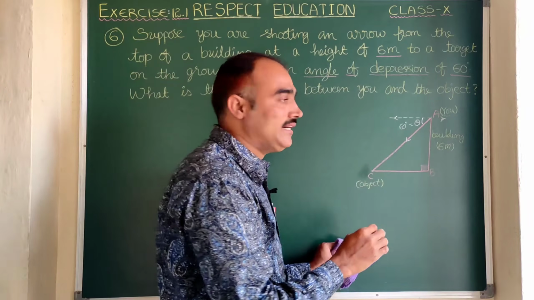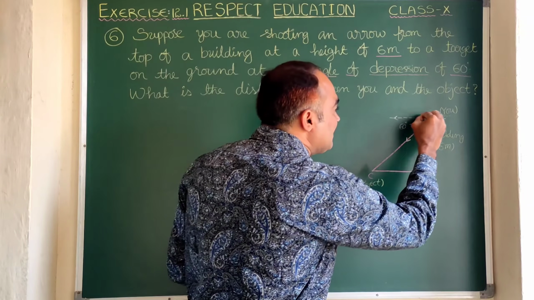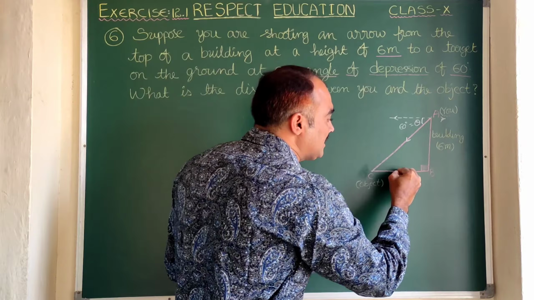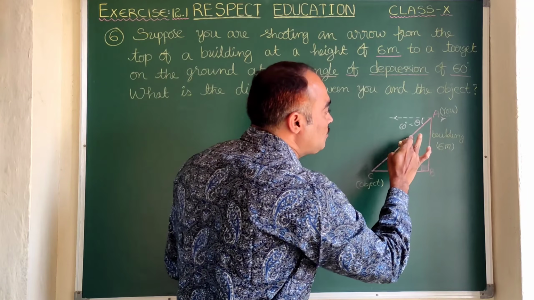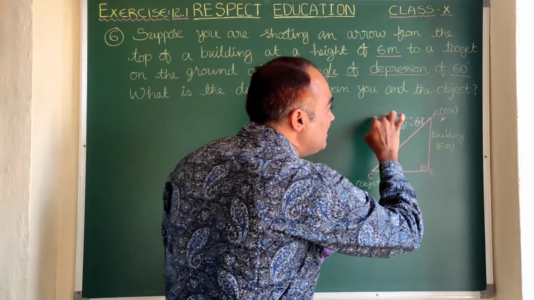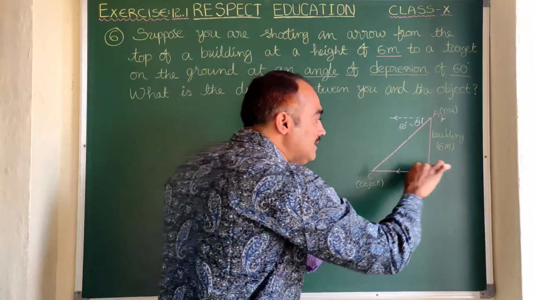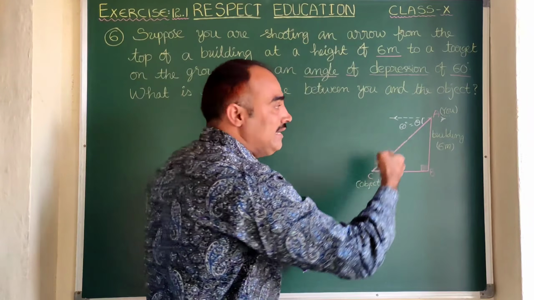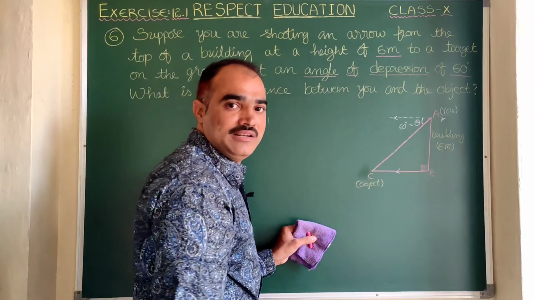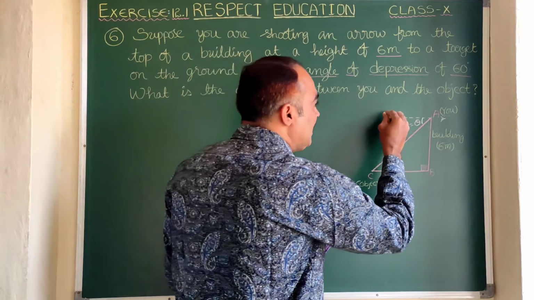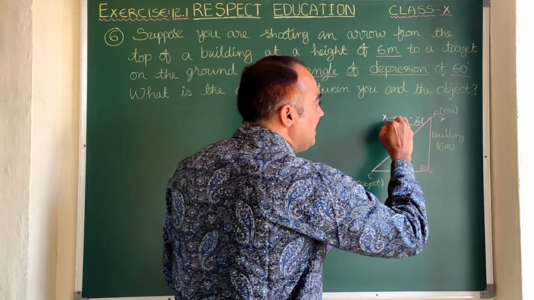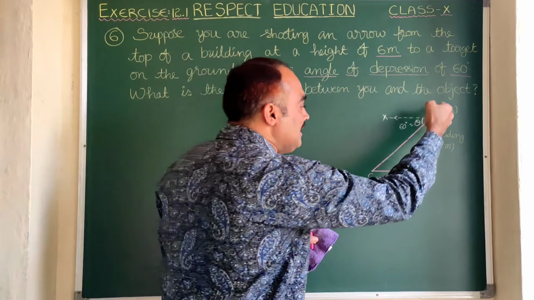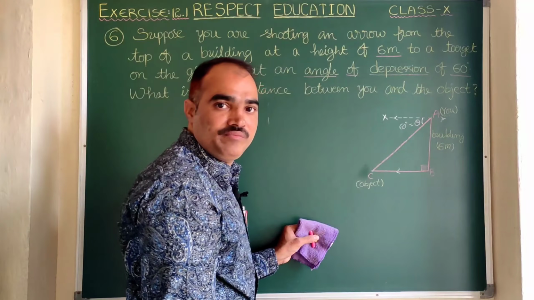How is it to be converted? See here, this horizontal line and the earth, these two are parallel to each other. If these two are parallel lines, then AC is called a transversal. Let us take this as AX and BC, if they are parallel lines, then AC is the transversal.